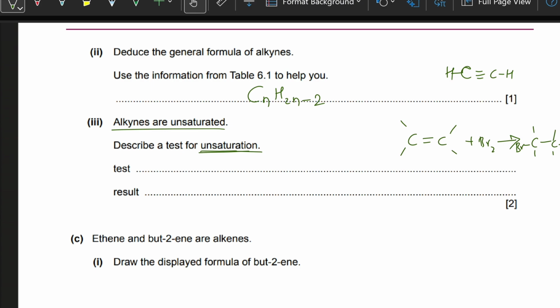The bromine water is orange brown in color, so you can just say it turns from orange or brown to colorless. Just add bromine water.